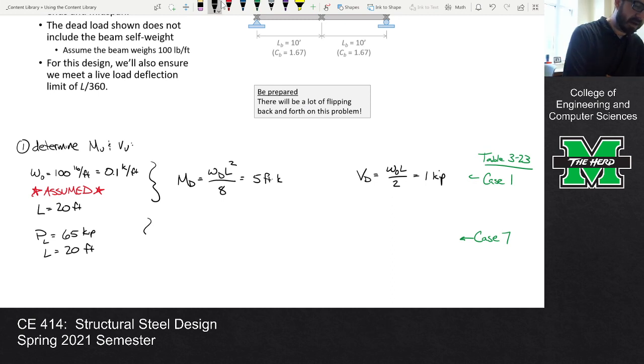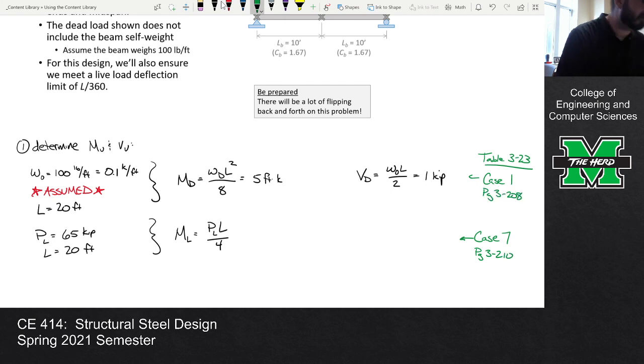M live is going to be PL over 4, and again, you can find that in case 7. It's on page 3-210, so maybe I'll put that down here. This one's page 3-208. So you can find that in the manual.